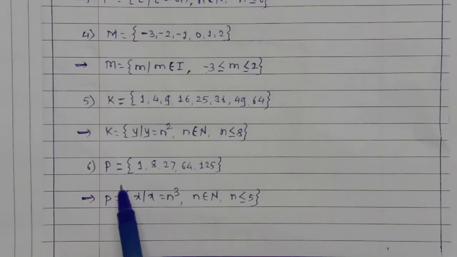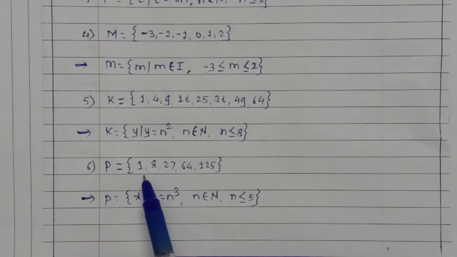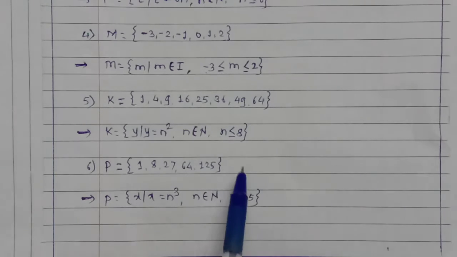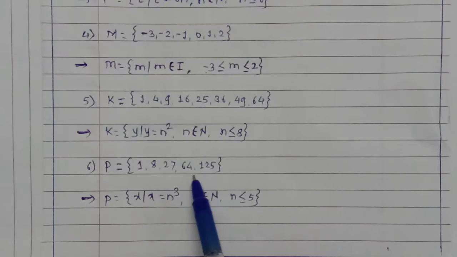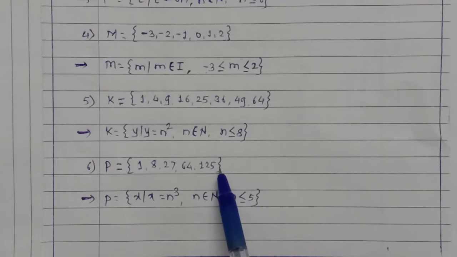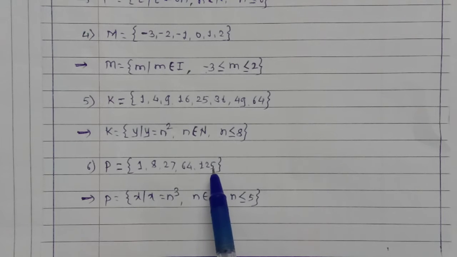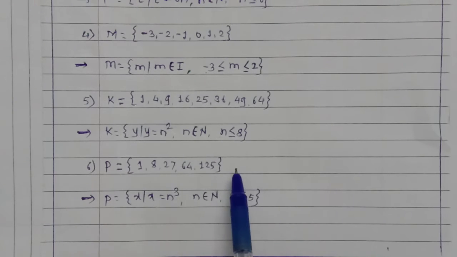This is one more set. P equals to, in curly brackets, these are the elements 1, 8, 27, 64, 125. If you observe, all these are cubes of natural numbers up to 5.